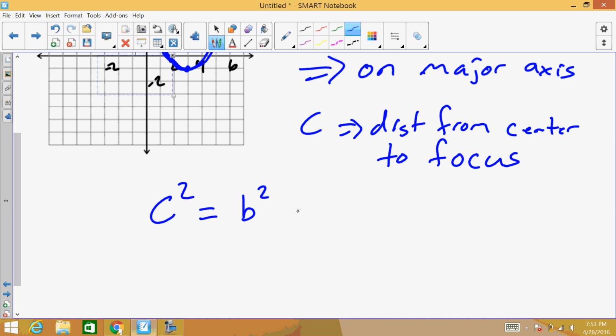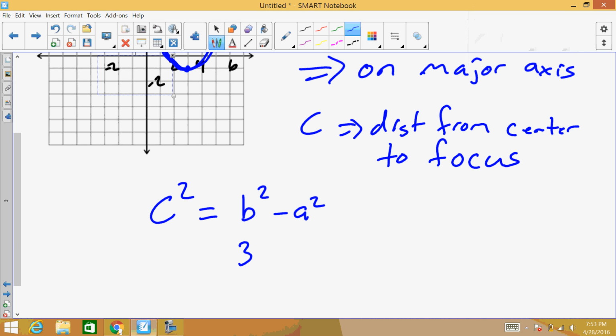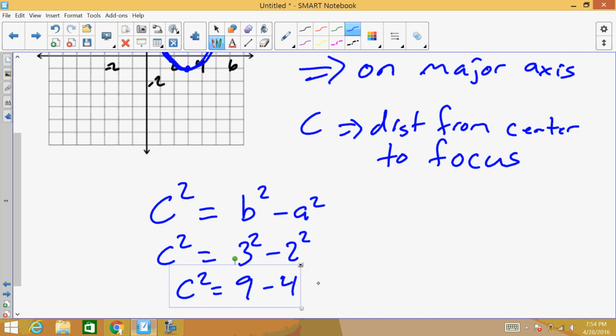So B squared minus A squared. So in our ellipse, we had that B was 3, so 3 squared, minus A was 2, so 2 squared. So C squared is equal to 9 minus 4. C squared equals 5, or C equals the square root of 5.